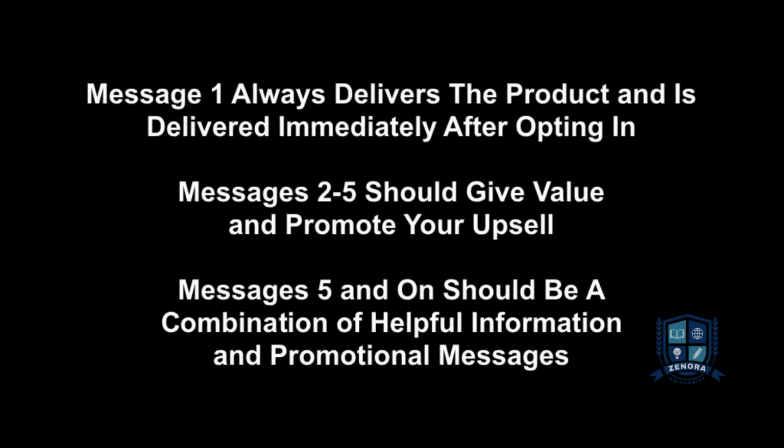And then from there, messages 5 and on should be a combination of helpful information that you can find just by doing Google research or using PLR material or MRR material. So it should be a combination of helpful information related to the niche and promotional messages, promoting as many different affiliate programs as you'd like to promote.